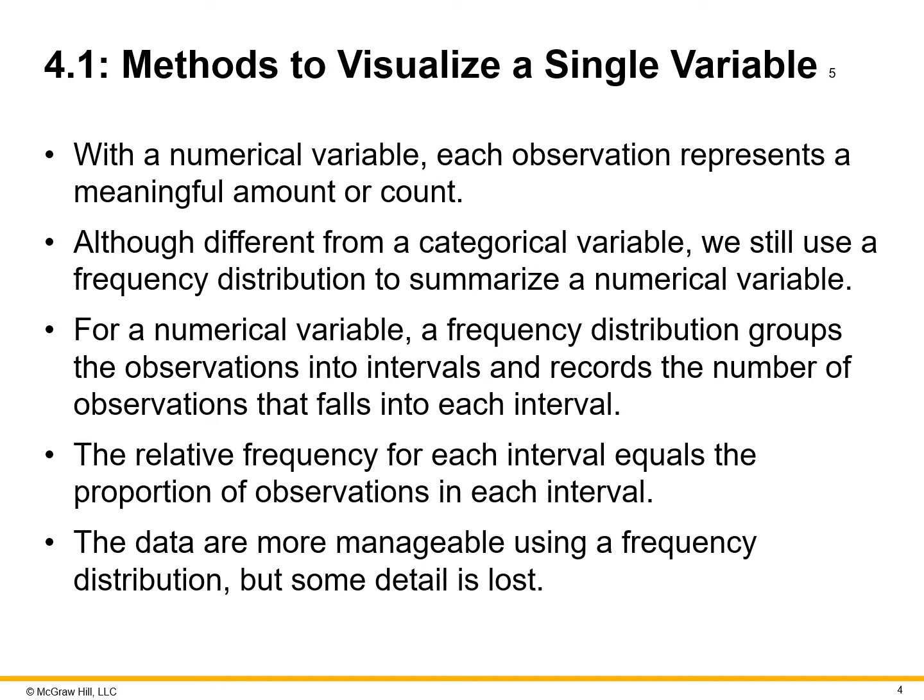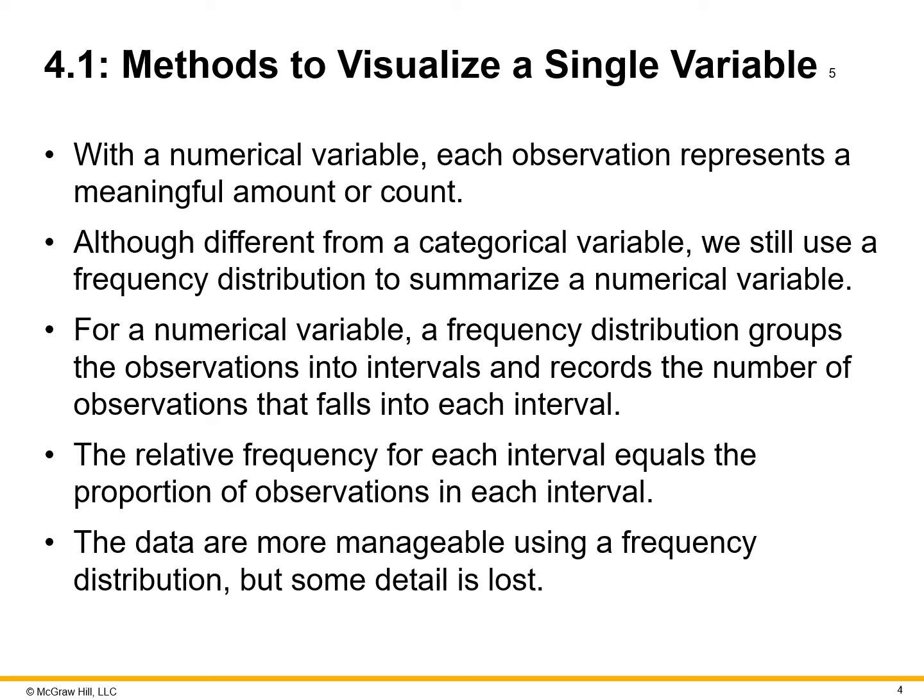For a numerical variable, a frequency distribution groups the observations into intervals and records the number of observations that fall into each interval. For example, you could have sets of intervals such as 1 through 100 and group them into groups of 20. The relative frequency for each interval equals the proportion of observations in each interval.